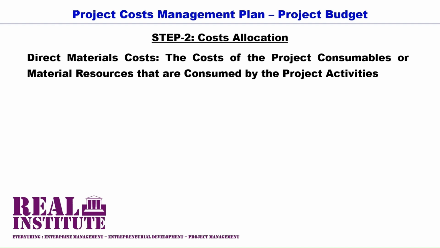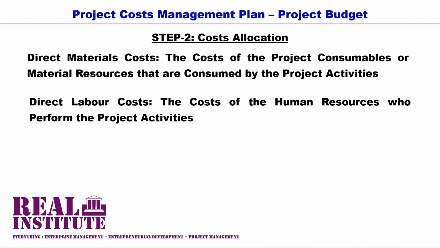Direct labor or direct labor cost refers to the cost of the human resources to be used in the performance of the project activities. Direct labor refers to the salaries or wages that are to be paid to workers directly involved in the manufacture of a specific product or in the performance of a specific service in the project.